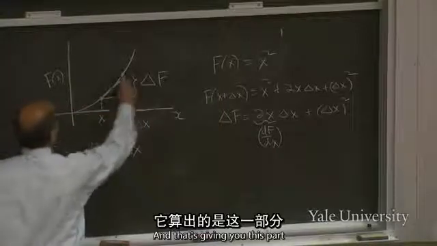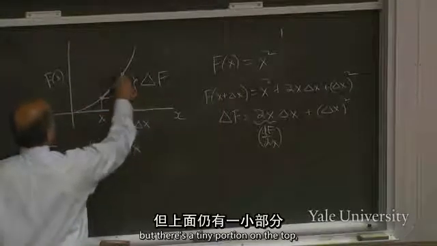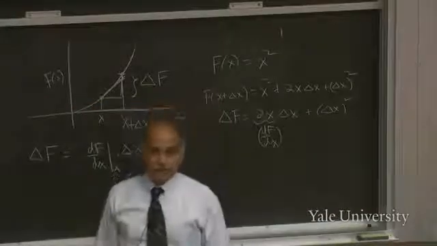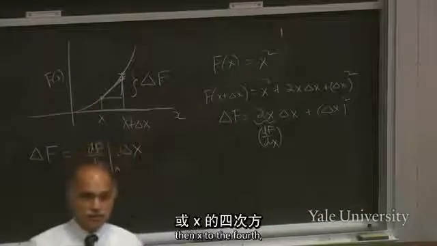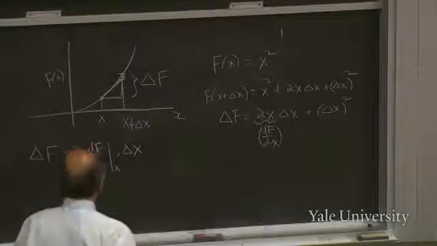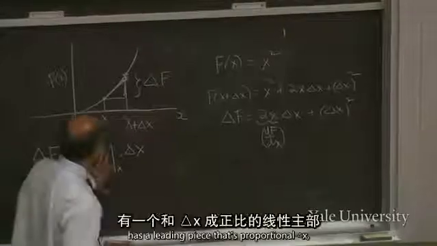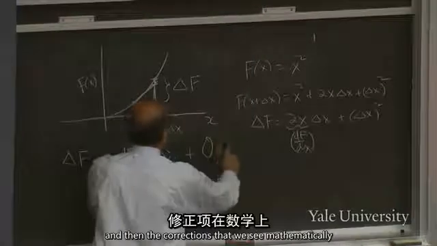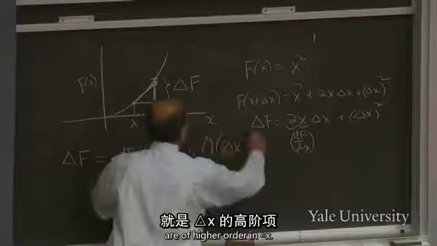And that's giving you this part, but there's a tiny portion on the top which is delta x squared that you're not getting. If the function was x cubed or x to the fourth or hyperbolic cosh of x, there'll be more errors. But the point is the change in the function has a leading piece that's proportional to delta x, then there are corrections that we say mathematically are of higher order in delta x.